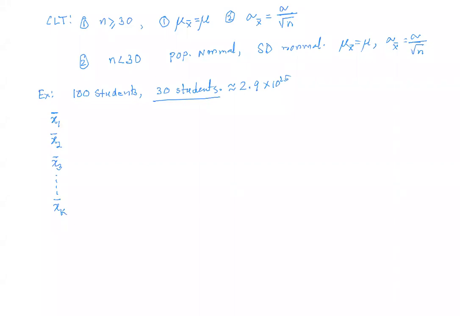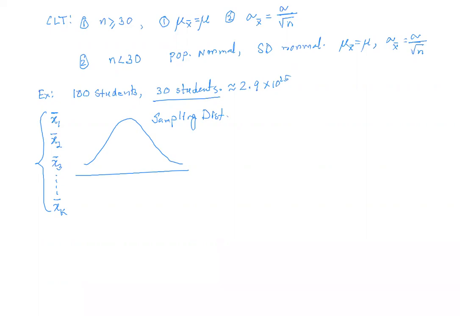If you were to consider all of these, there are so many averages. And you find the distribution of them, that distribution is going to be bell-shaped. That's the sampling distribution. Remember, the sampling distribution is the distribution of the sample means.